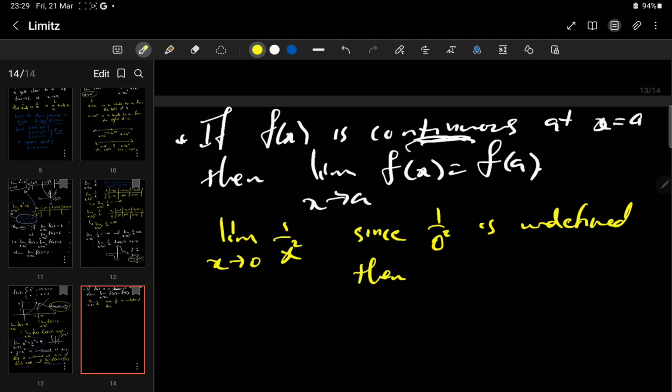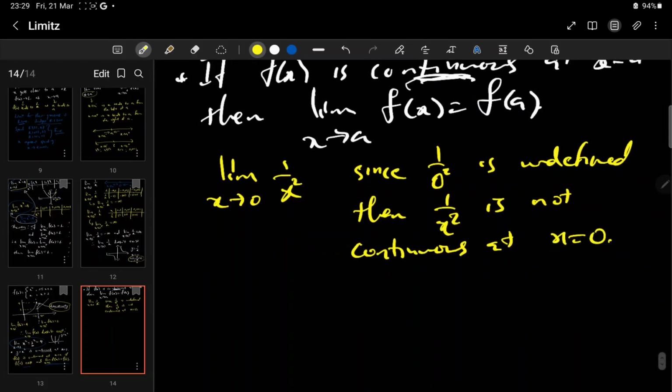then 1 over x squared is not continuous at x equals 0. When you have a situation like this, you cannot substitute x equals 0 into the limit.